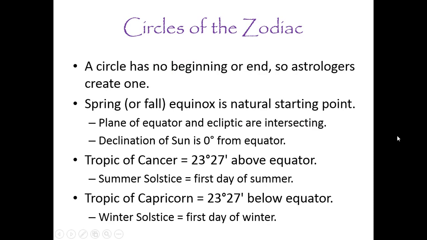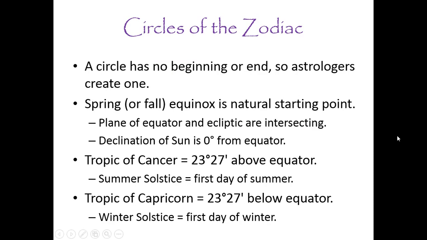And over long periods of time, it was pretty natural to look at either the spring or the fall equinox as a starting point, because the plane of the equator, that halfway point on the Earth between North Pole and South Pole, and the plane of the ecliptic where the sun travels, are at the same spot on the equinoxes.